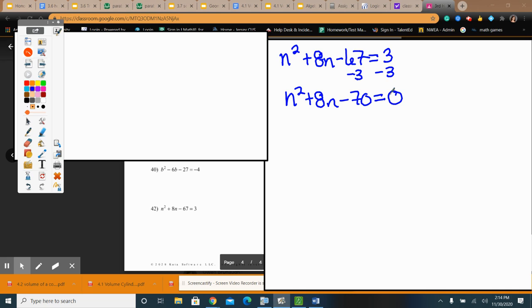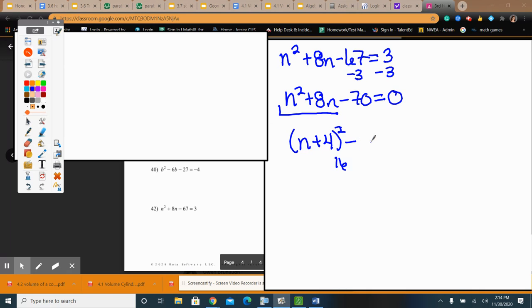Okay? If you want to complete the square, I would, because 8 is even. So the closest square it is to is an n plus 4 squared, which would put a 16 in the corner. Have to get rid of the 16 and 70.